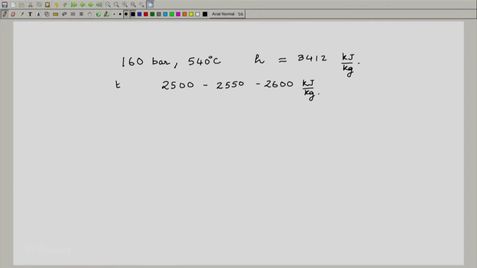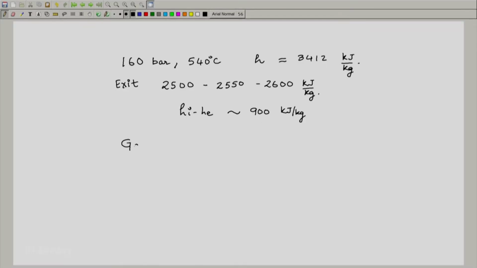This is at exit roughly. So, if I calculate Hi minus He, let me assume it is 3400 at the inlet and 2500 at the exit. This would be of the order of 900 kilojoule per kg. This is the kind of delta Hs you expect in modern turbines.